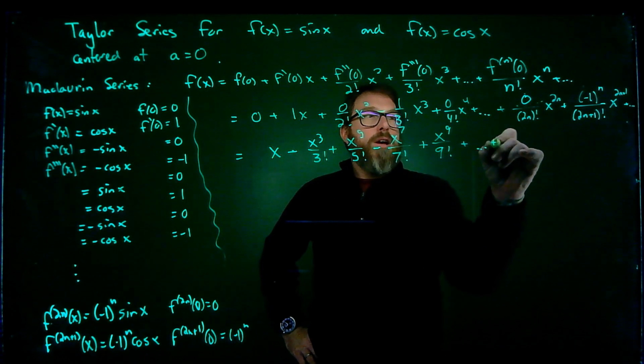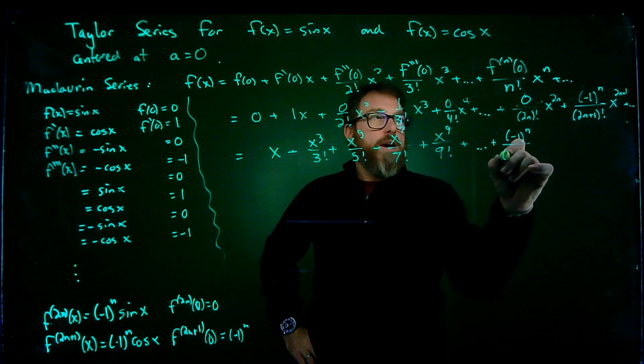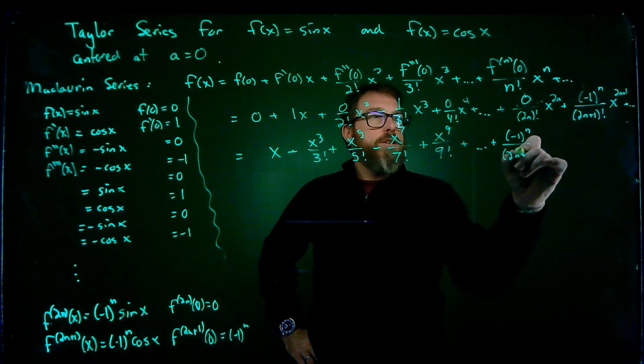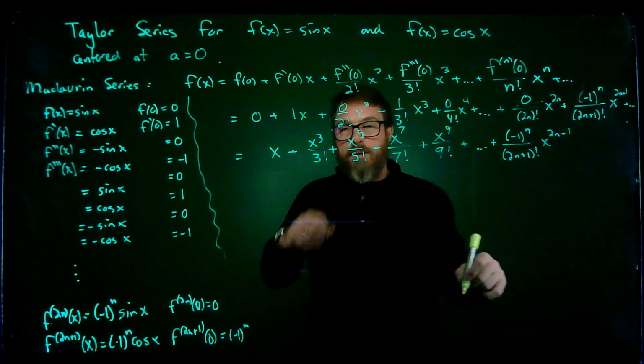We have plus negative 1 to the n all over 2n plus 1 factorial x to the 2n plus 1.